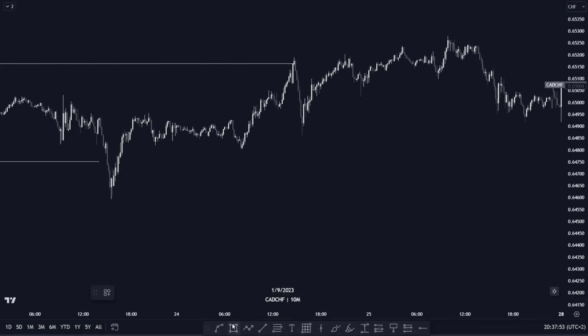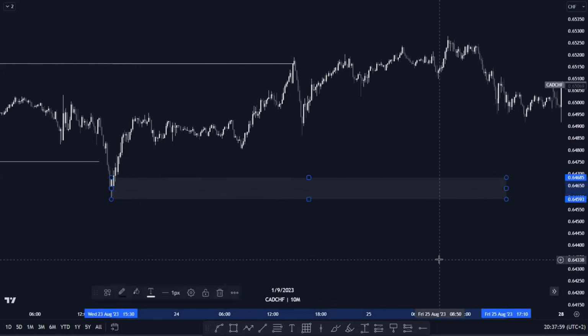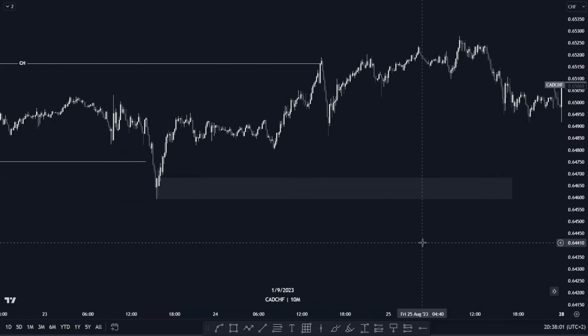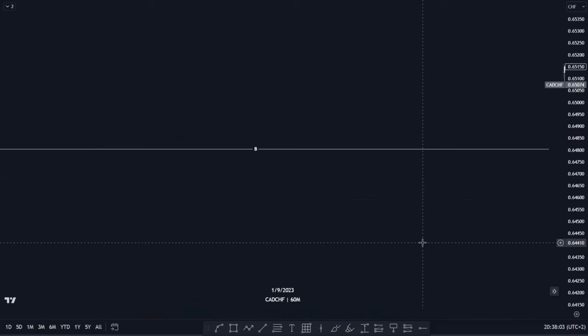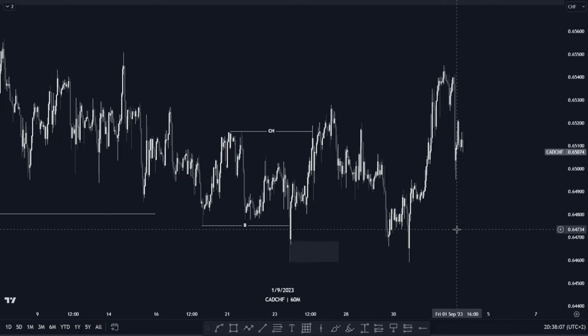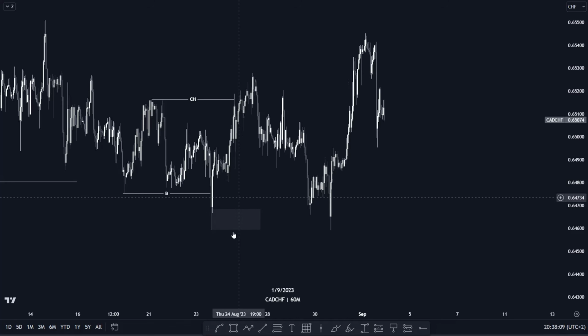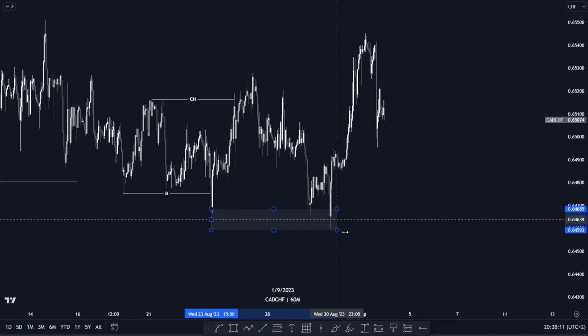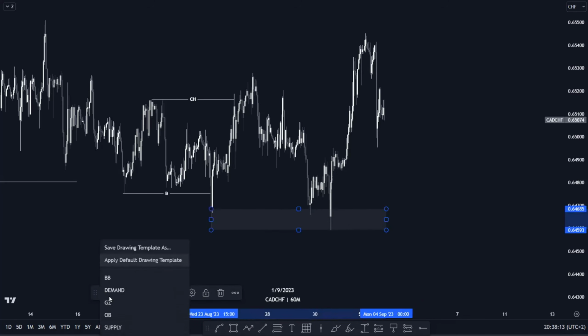For our 10-minute chart, I'm just going to use this order block here, this candlestick here, and extend it to the right. Let me reset my chart. So I'm going to use our 10-minute order block here, whereby as you can see, it just tapped us in and pushed to the upside.